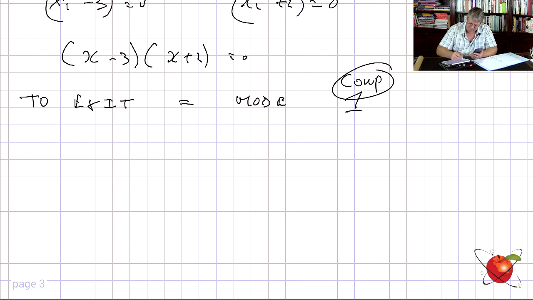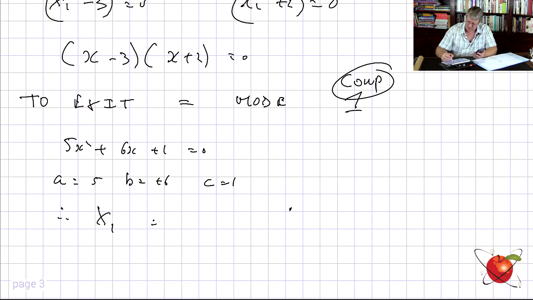5x squared plus 6x plus 1 equals 0. Right. Over here, a is 5, b is plus 6, c is 1. Therefore, I say x1 equals, x2 equals. Let's go through it. First of all, mode. Then we look for EQN, equation, and push option 5.